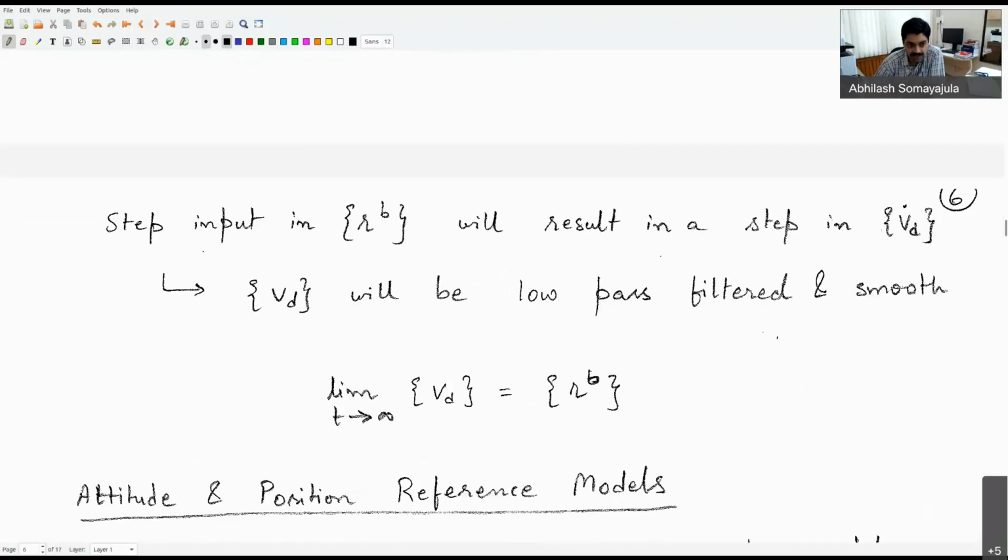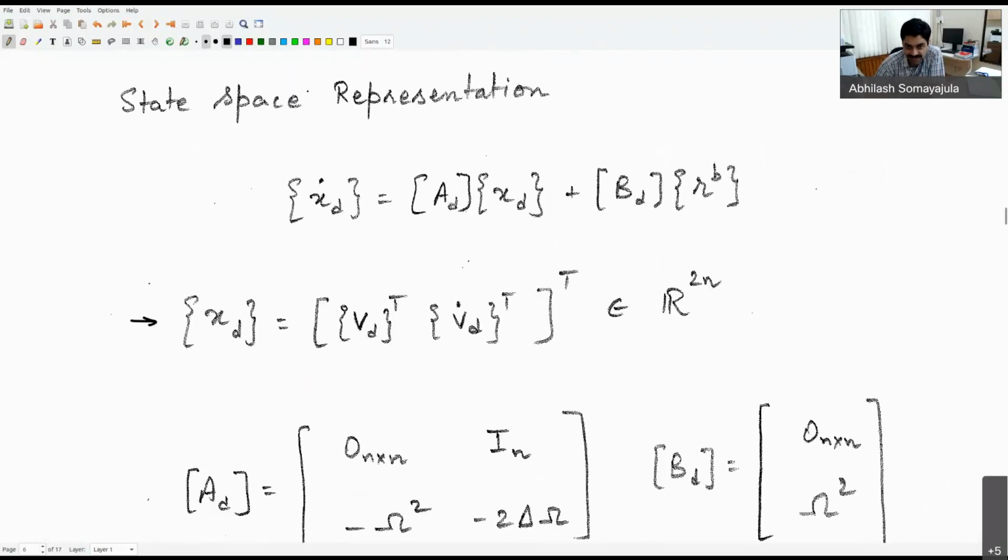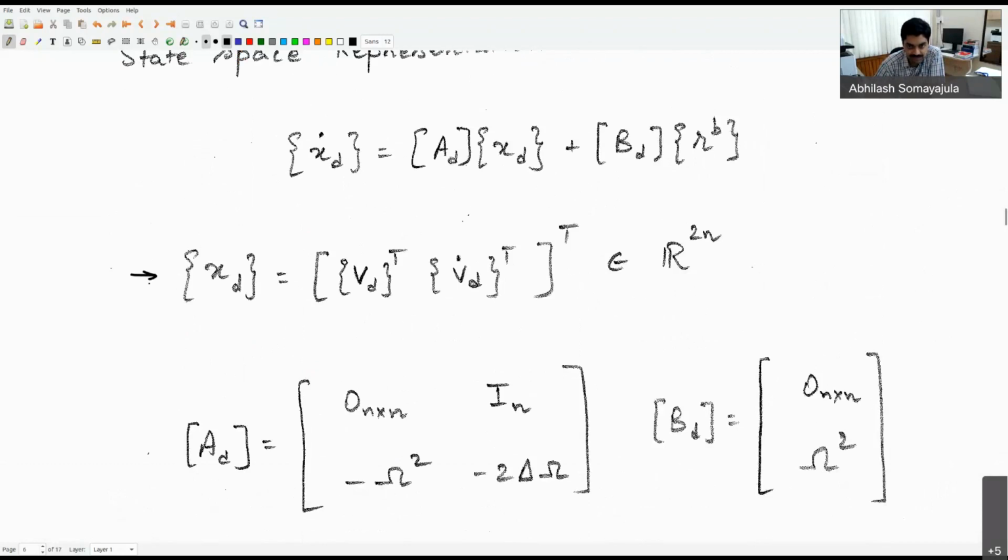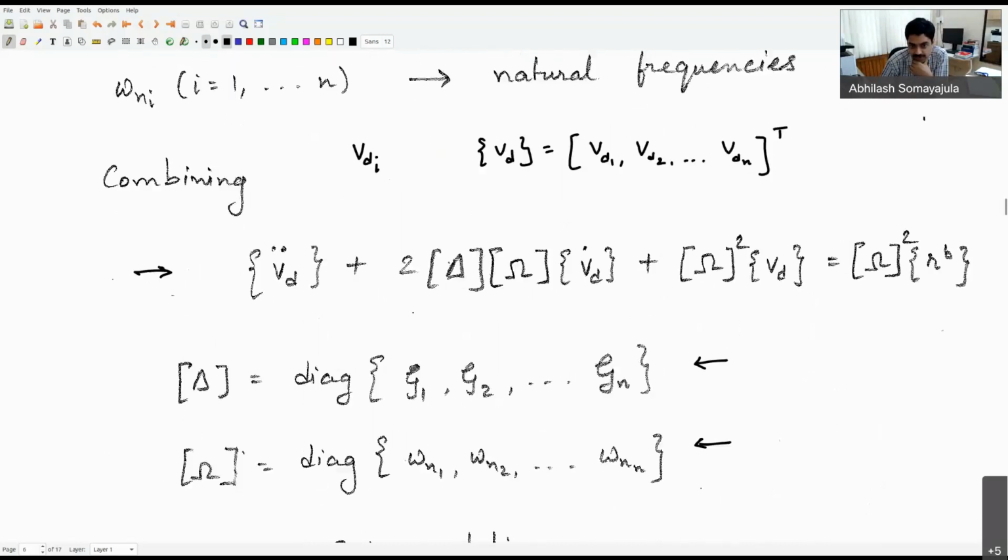So if you look back at this system, suppose I give a step input in RB, which means that the values were 0 and then they became some constant value at time t equal to 0 and I held them at that constant value. Then eventually, what will happen over time?